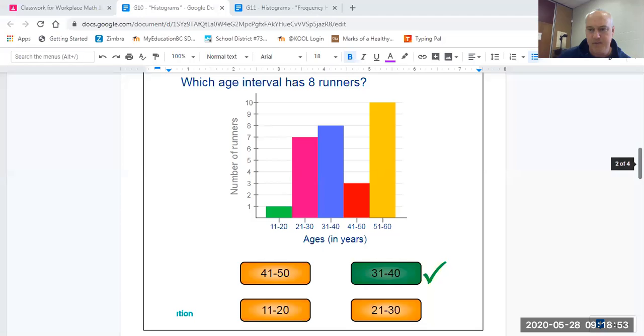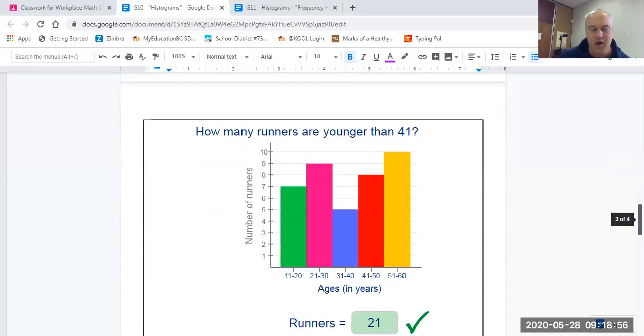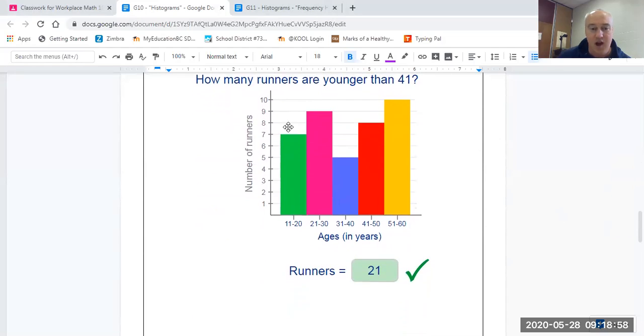Let's take a look at the next question. It says, how many runners are younger than 41? This one is a little bit more involved because this category and this category include runners that are not younger than 41. In other words, they're 41 or older. But these three include runners that are younger than 41.